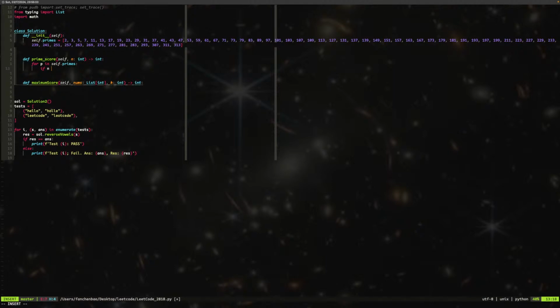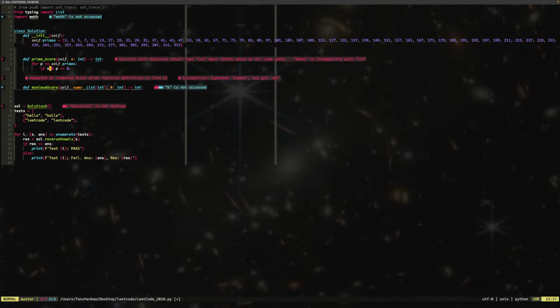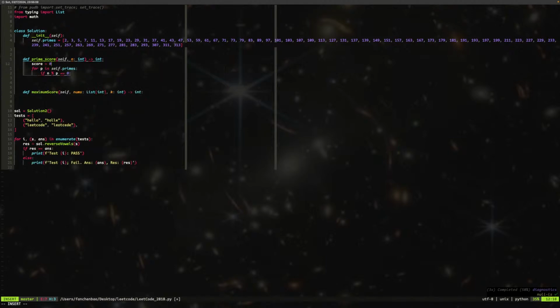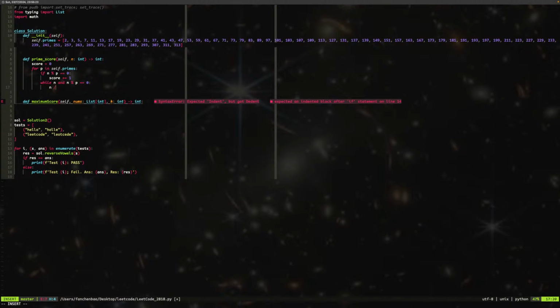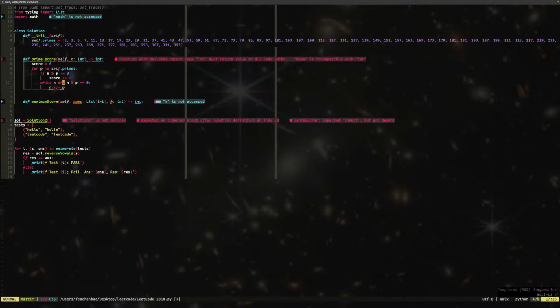If n mod p is equal to 0, your score starts with 0, and then if that's the case, score plus equal 1, and then while n mod p equals 0, n divided equal to p. All right, so you get rid of all of them, then you go back up for the next one to check, and if it's not equal to 0, this won't run, so you just keep going.